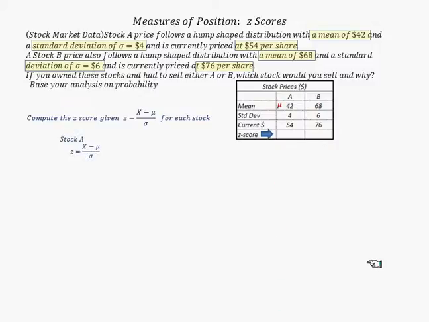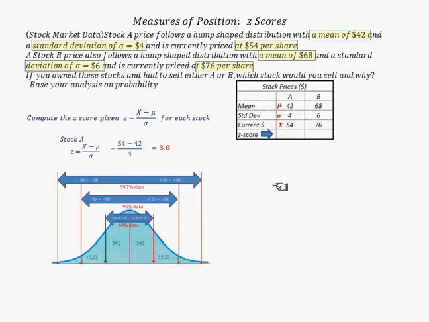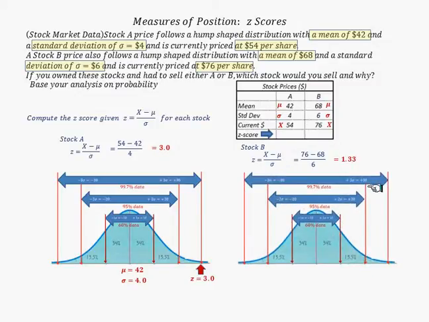Now for stock A, we have x, mu, and sigma given on the screen here, and the z-score is the difference between x and mu relative to standard deviation. So stock A is 3 standard deviations above its mean, very high end. For stock B, the z-score is 1.33, and of course that value is here.